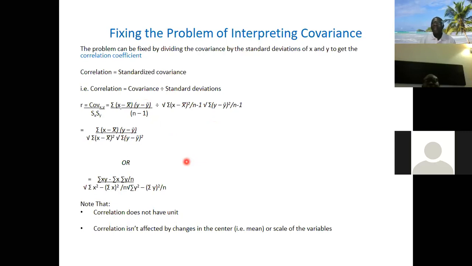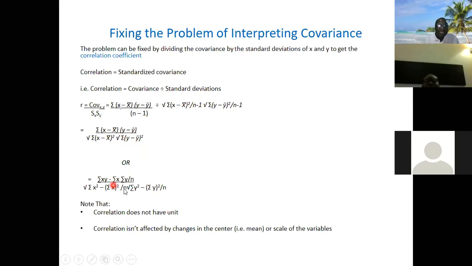In that case, you have cancelled out the units, so it's standardized. Correlation is standardized covariance. That is, covariance divided, and that's it. Look at the covariance, we now divide by the standard deviation of the two of them. When we divide it, this is what you get, which is the formula for correlation.